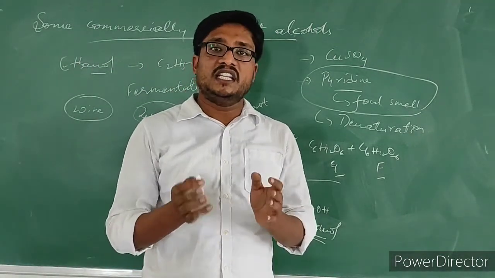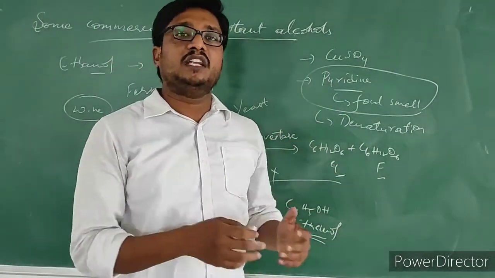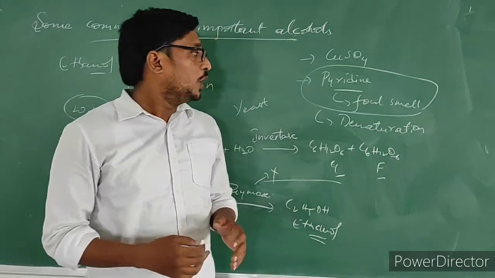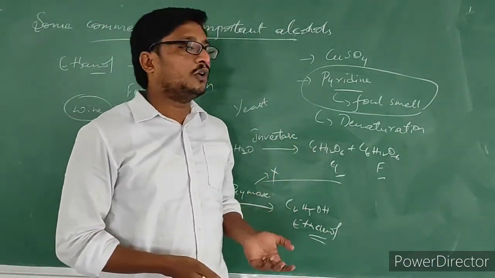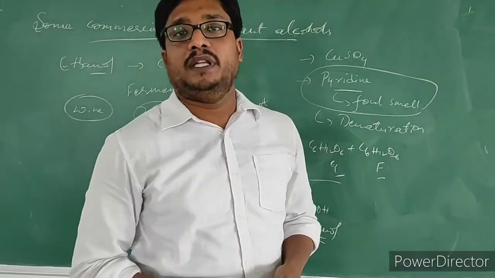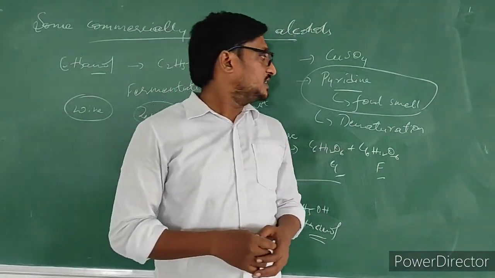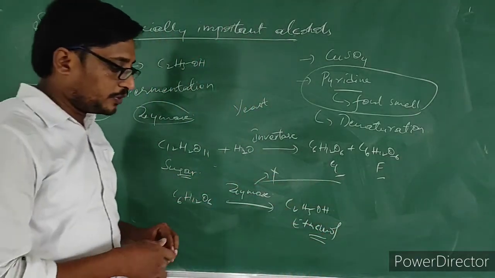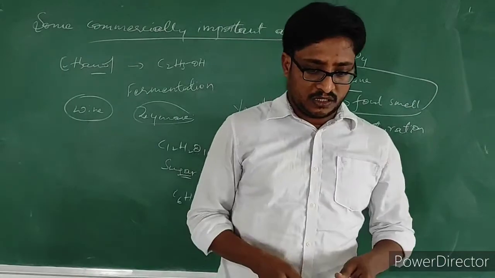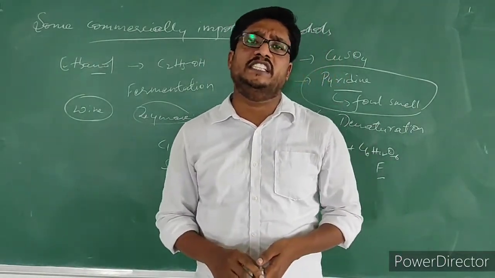So we can add copper sulfate to give color to that alcohol, or we can add pyridine to the alcohol. It will give a foul smell. So this is denaturation. These are some commercially important alcohols. Hope you understood. In the next session, we will be talking about ethers.